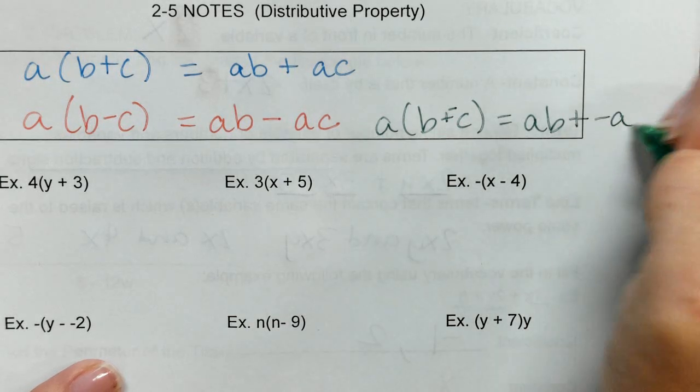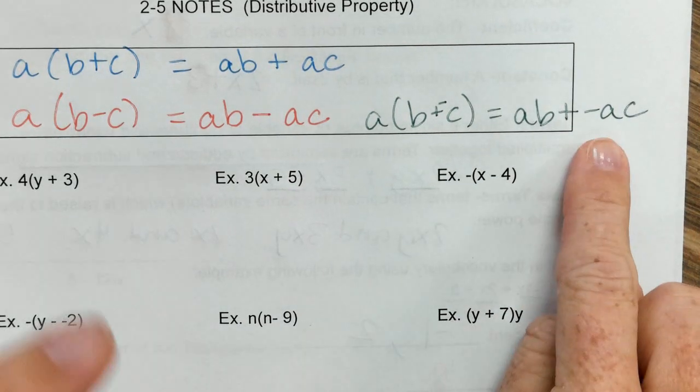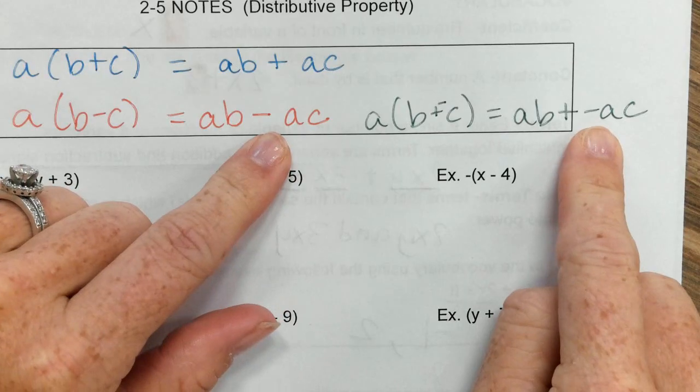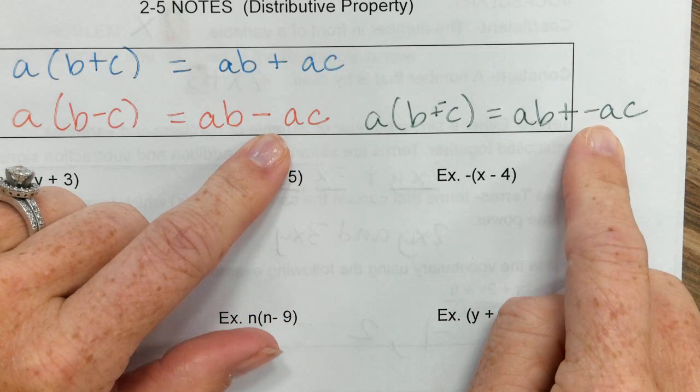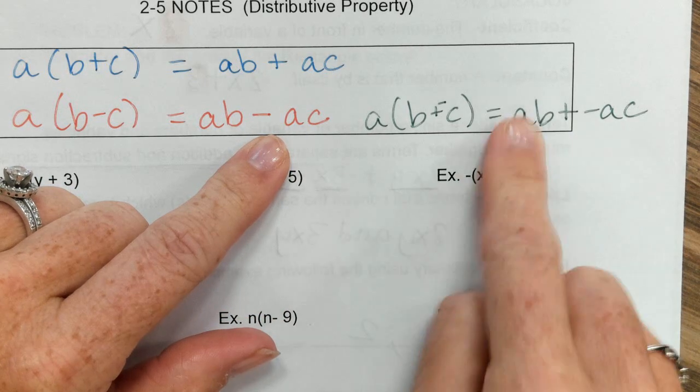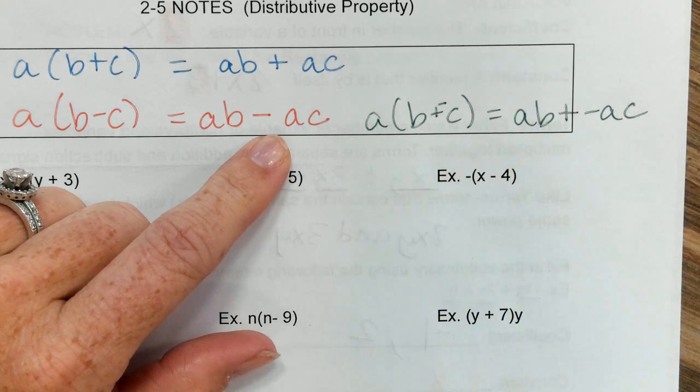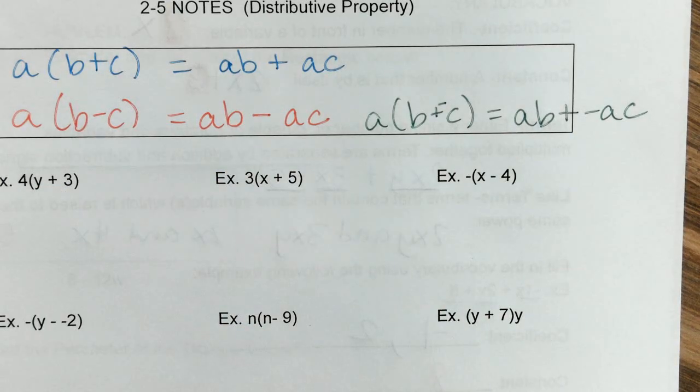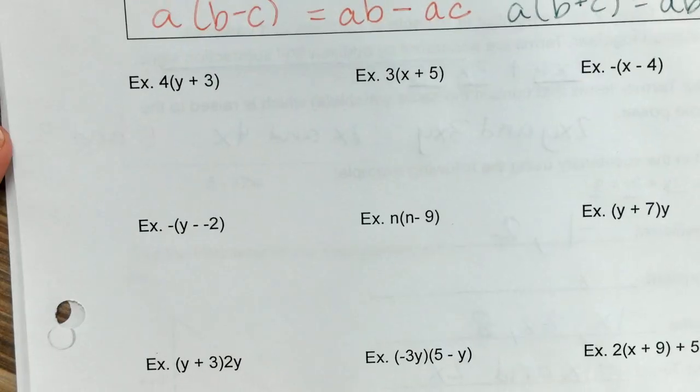Negative AC. Is this answer the exact same thing as this answer? Yes. Okay? You're going to do it this way today because it's going to protect you from making mistakes. Got it?